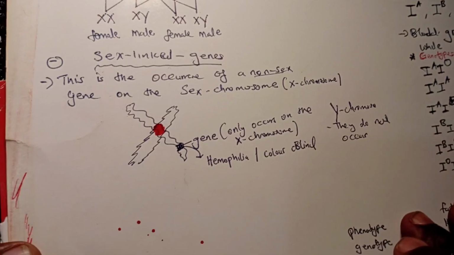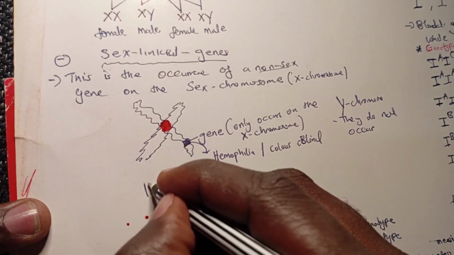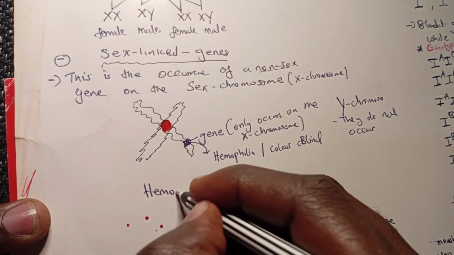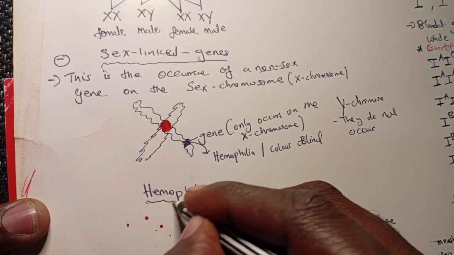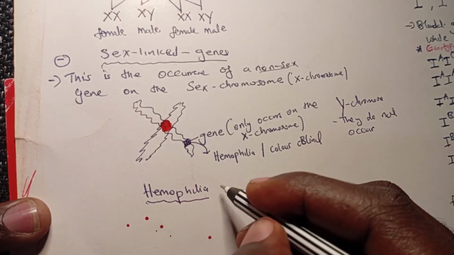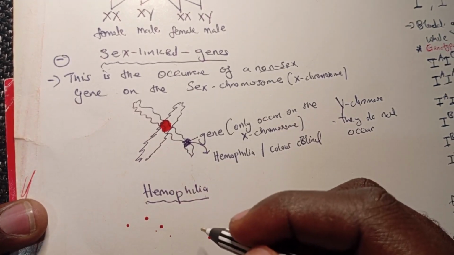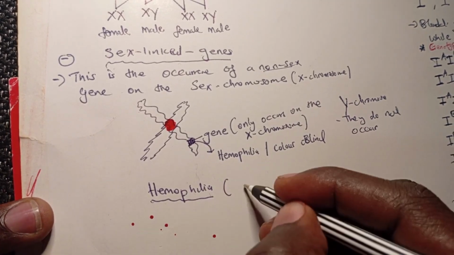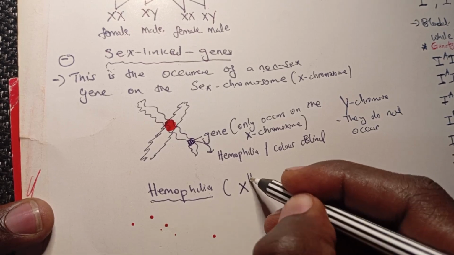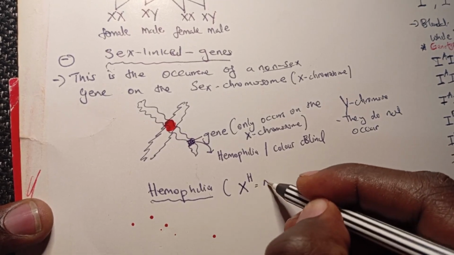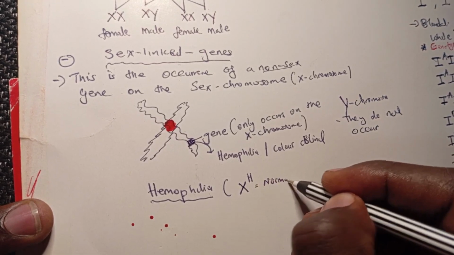So let's talk about hemophilia to understand it. Hemophilia occurs on the X chromosome, right? So we can show it like this. On the X chromosome here, if you have capital H, it means this is normal. You are not hemophilic.